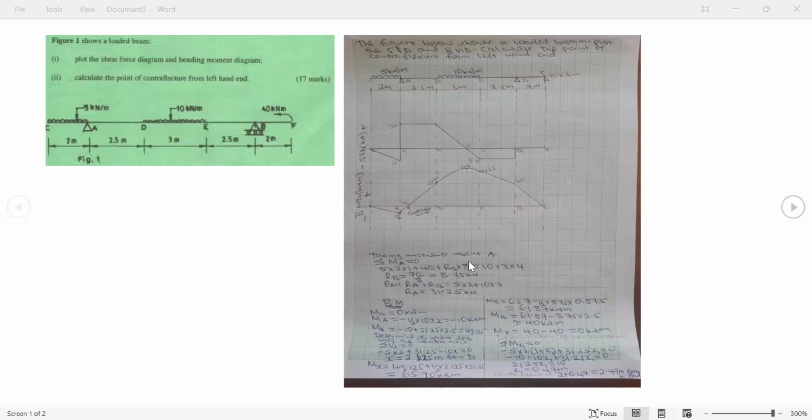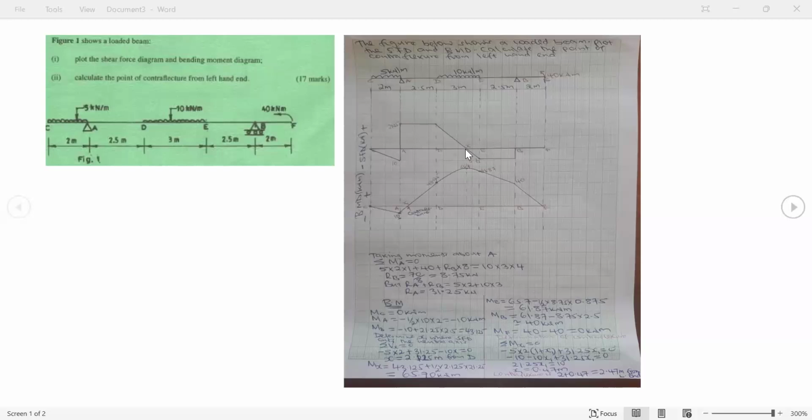Then I have a point of interest between D and E in which the shear force diagram line is crossing the zero line, because this implies this is where I have the maximum bending moment. So I will determine it, and as I said in the earlier tutorial, if I want to determine the value of this x here, I will equate the sum of shear force to 0 at this point.